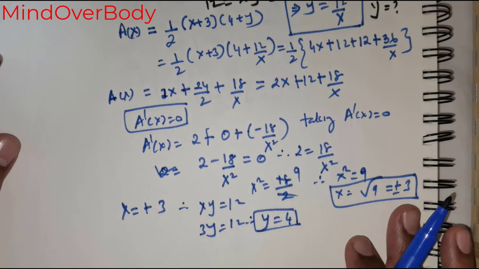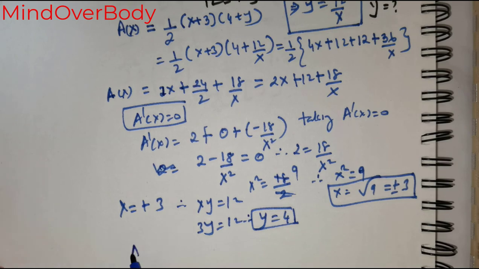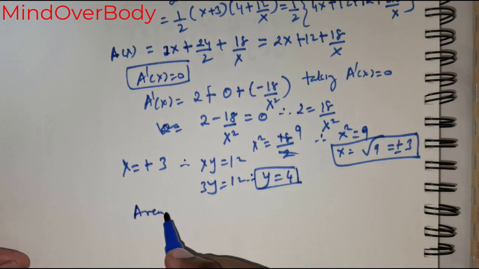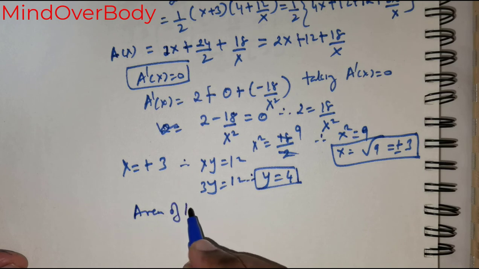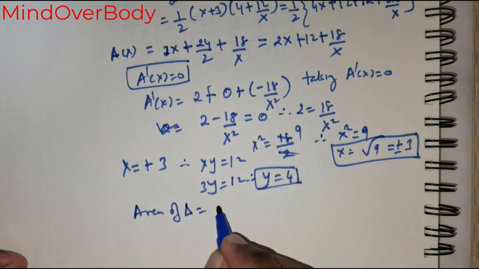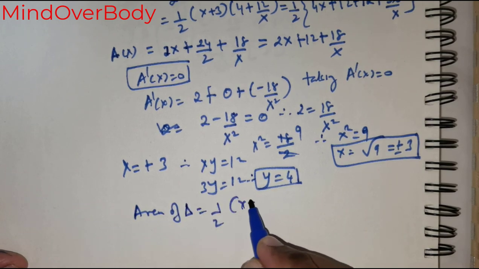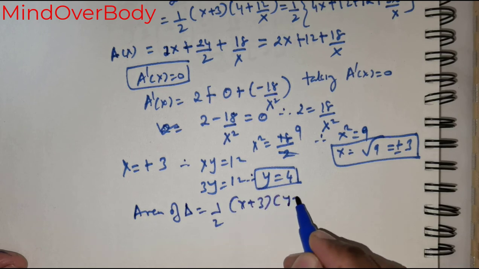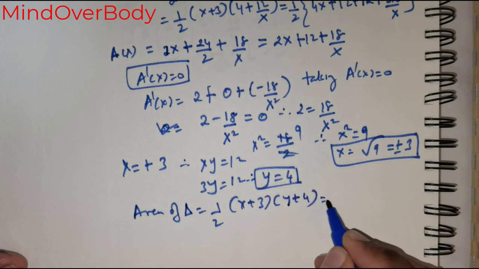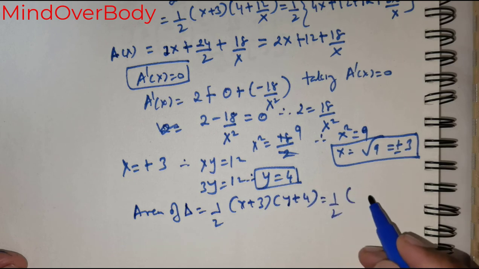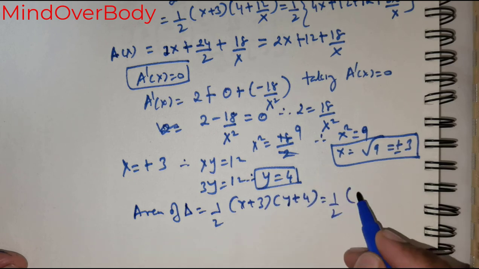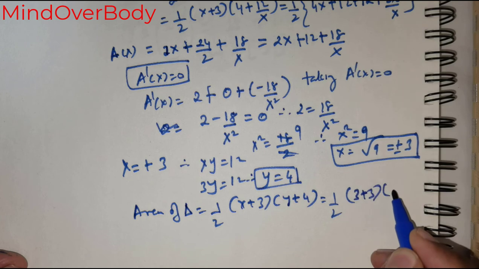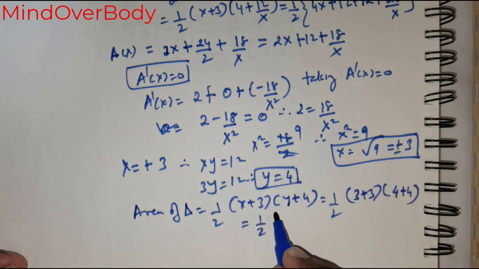So if that be the case, the area of the triangle is going to be 1 over 2 times (x + 3) times (y + 4), which is equal to 1 over 2 times, my x is 3, so 3 + 3, and my y is 4, so 4 + 4, which is equal to 1 over 2 times 6 times 8, right?